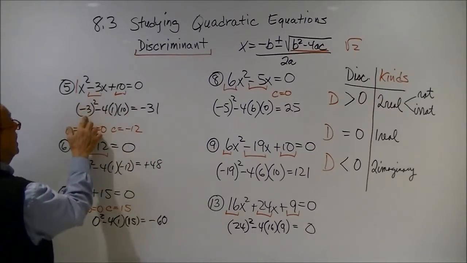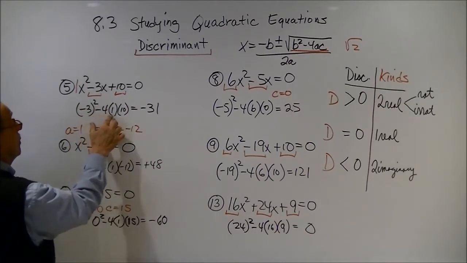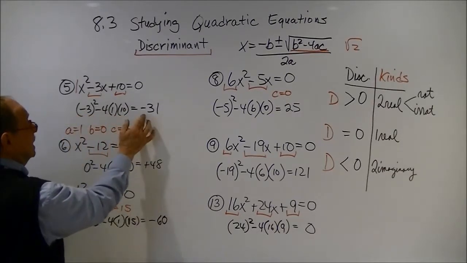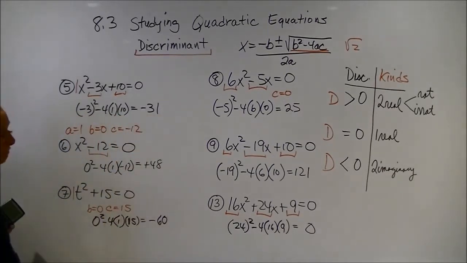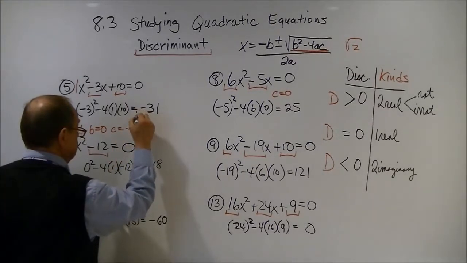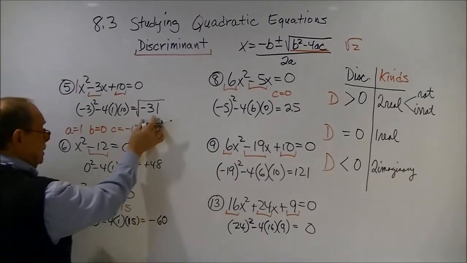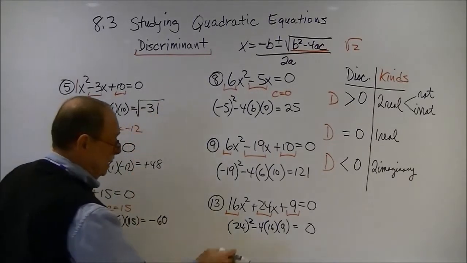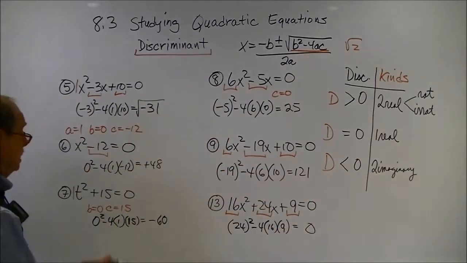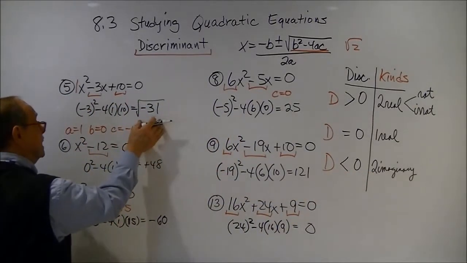There's my B squared minus 4A times C. When I did this, I get a negative 31. Now, recall that that's going to be under a radical sign. So these are going to give me two imaginary numbers because my discriminant is less than 0.